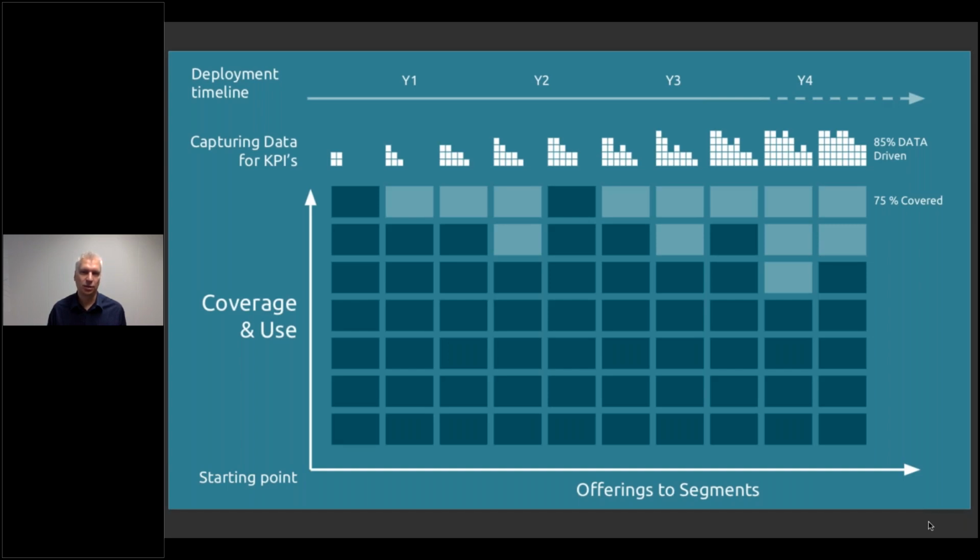So you could add a new one in the end, you could remove anything from the beginning, you could prioritize their order in context of what we are focusing on delivering next, and you are basically improving this in two dimensions. One is more offerings to more segments, and the other direction is how effectively are we covering that offering to that segment in our operations overall.